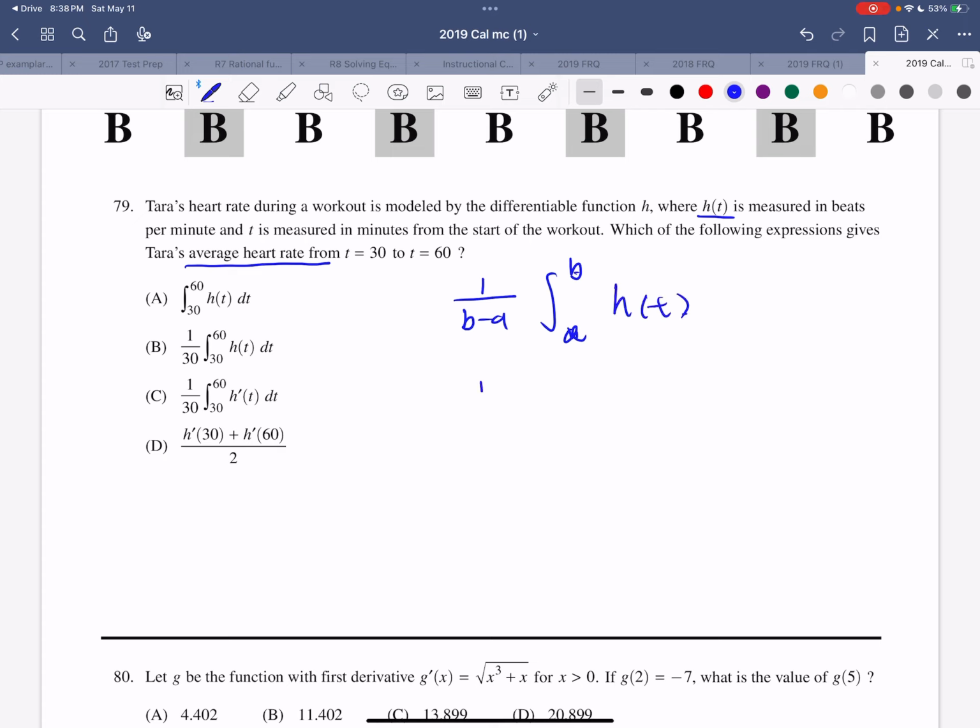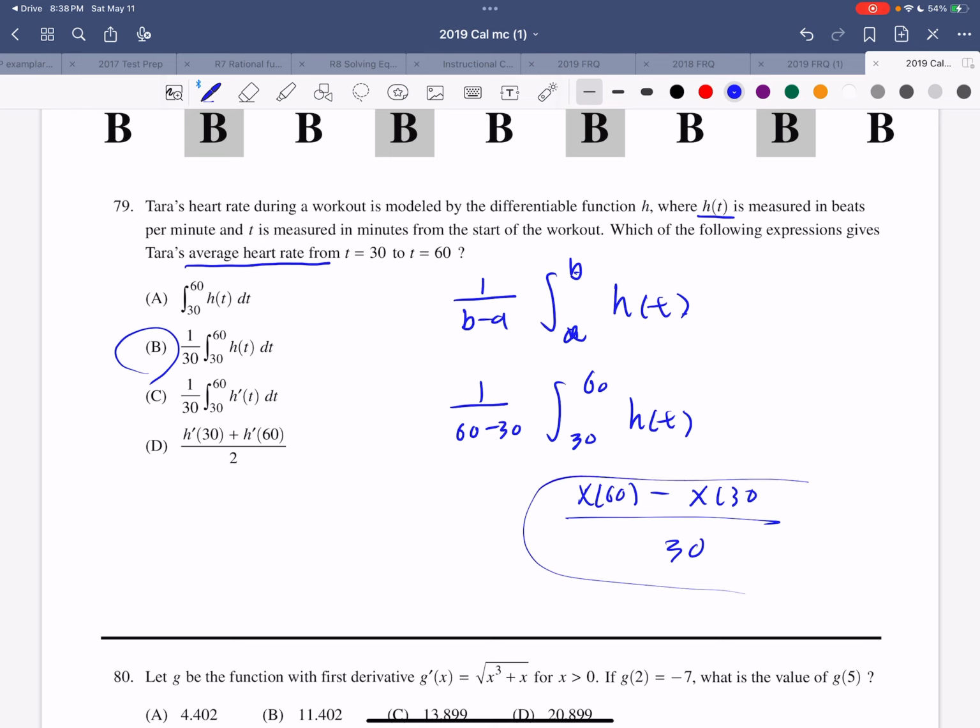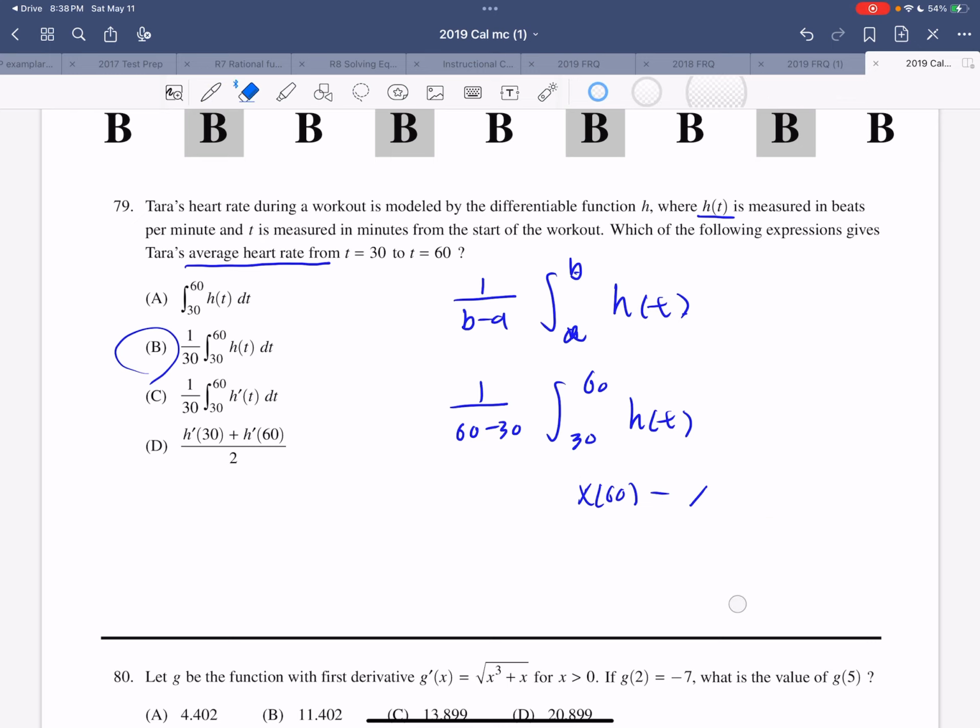So this is going to be 1 over 60 minus 30, integral from 30 to 60 of h of t. That's what you need to find. 60 minus 30 is 30, so the answer is going to be this. If you cannot find it, this one can also be some kind of number, like x of 60 minus x of 30 over 30. This can also be the answer, but I don't see that one here, so who cares?